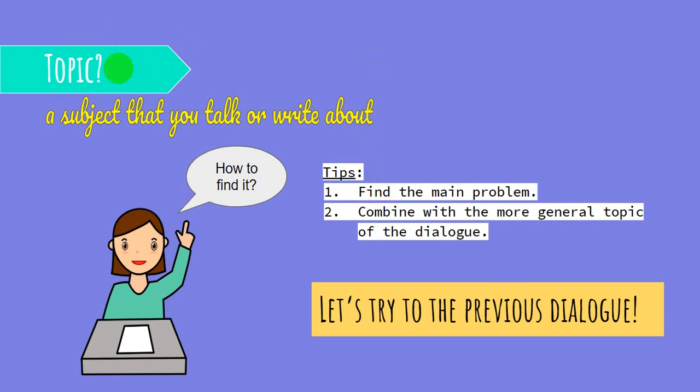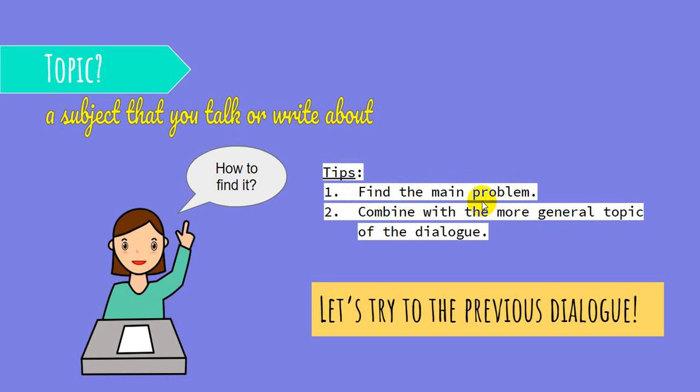According to Cambridge Learner's Dictionary, topic means a subject that you talk or write about. So, subject here means something that you have to deal with, the problem. Topic means you have to deal with the problem. That's why, how to find it? Of course, like what I told you, you need to find the main problem of the dialogue.